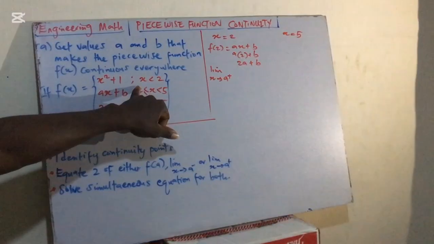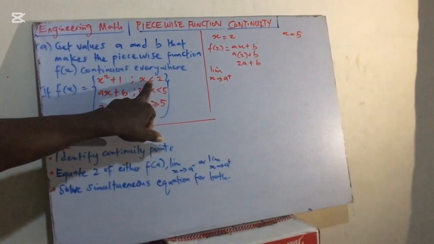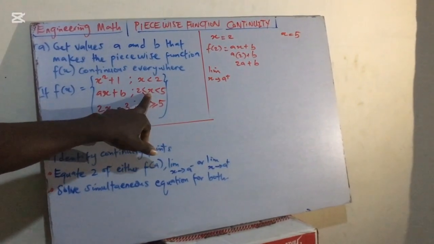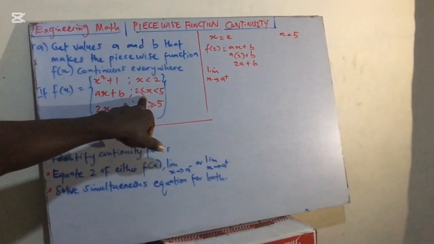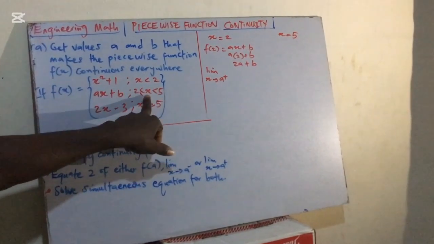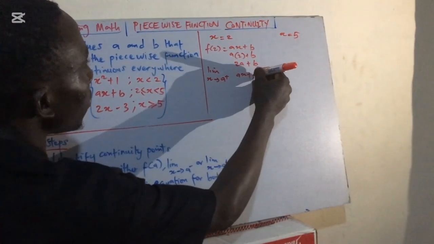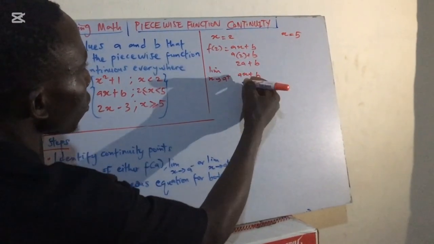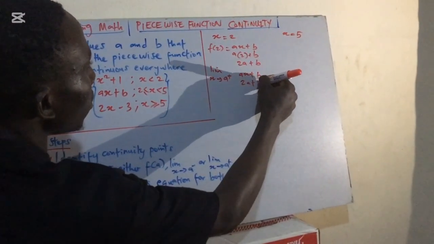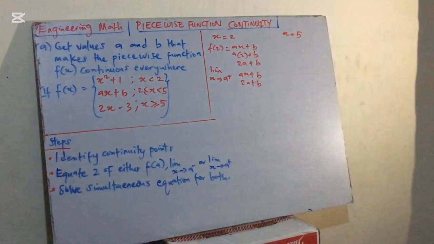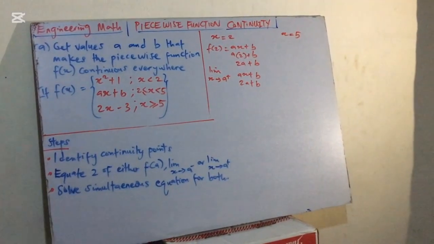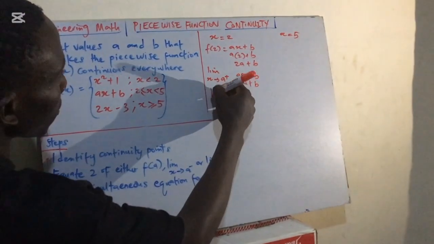We search for the condition that satisfies that. This one is x less than 2, we don't need that. This one is x greater than or equal to 2 and less than 5. So here again we have ax plus b, which is still going to give us 2a plus b.